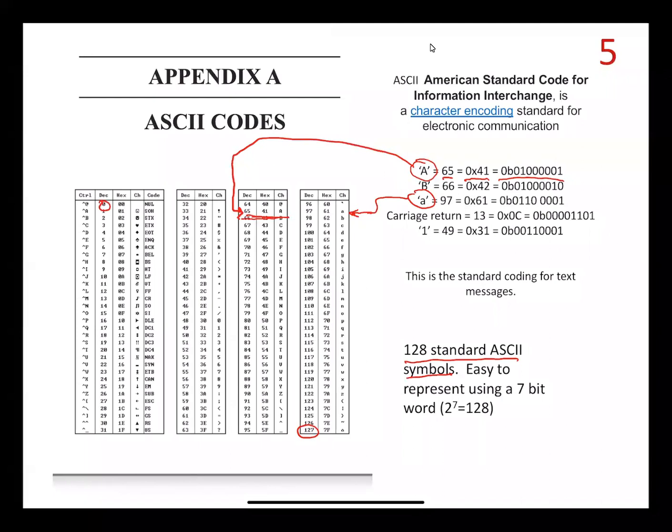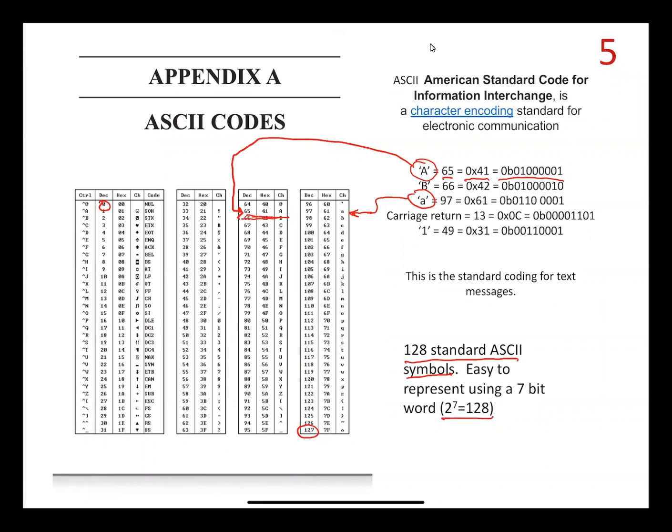These symbols include the capital letters A through Z, lowercase a through z, the numbers 0 through 9, and a number of other characters that are both printable and non-printable. Non-printable characters mean things that sound bells, things like that. All of these characters can be represented in text with type char, and they only occupy 7 bits of information because there are 128 of them, and 2 to the 7th is 128.